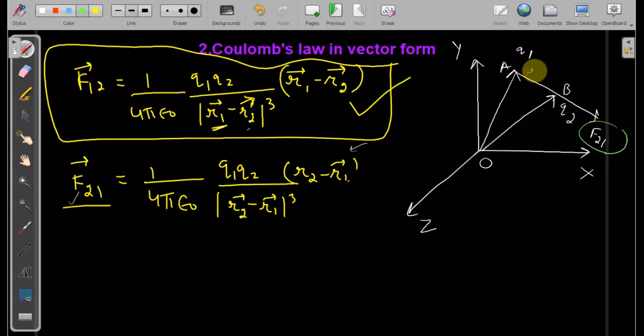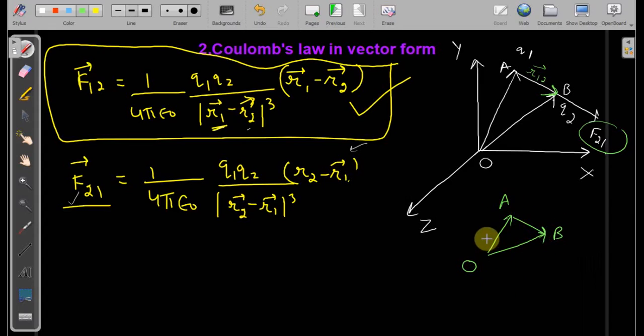So I will write here R12, from 1 to 2, and the position vector direction will be this side. Now if you draw this separately, this is your O, this is your B, and so again you will apply the triangle of vector addition.